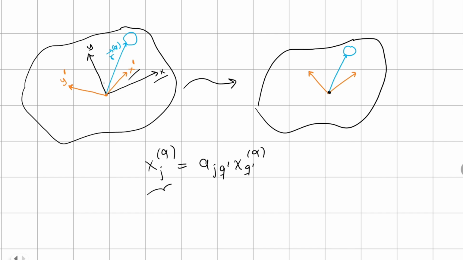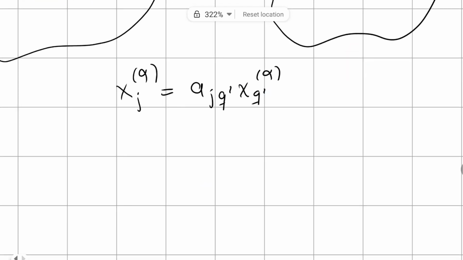It is not moving during the motion of the rigid body, and these a's represent the elements of the transformation matrix that relates the two orthonormal bases corresponding to each coordinate system.